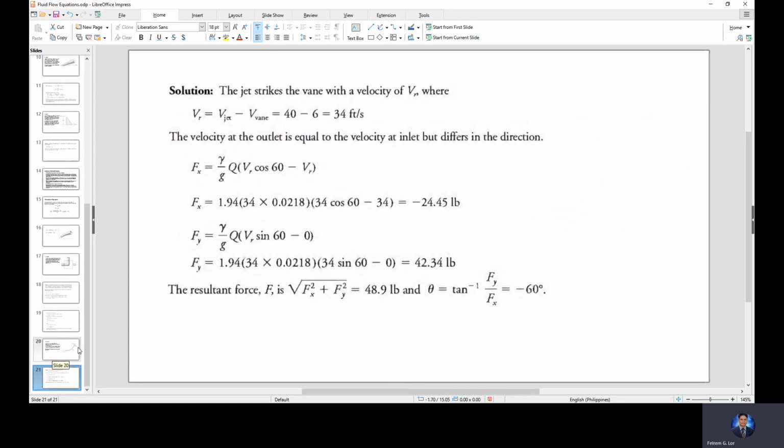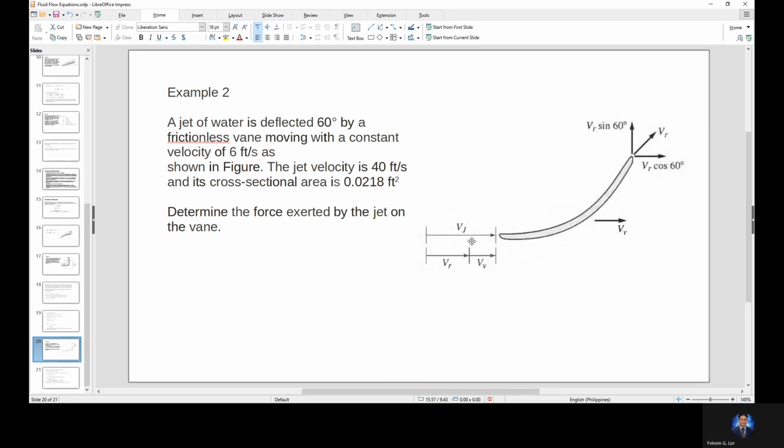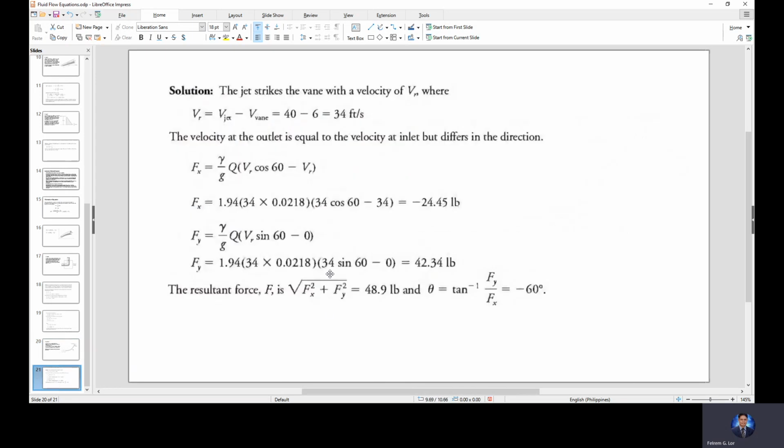It is important because there is a tendency of it moving. 34 sine 60, that's the y component. Positive, or plus, because it's going upward. Its V1 is 0. There is no y component for V1 because it's horizontal. So the y component of the acting force is 42.34.